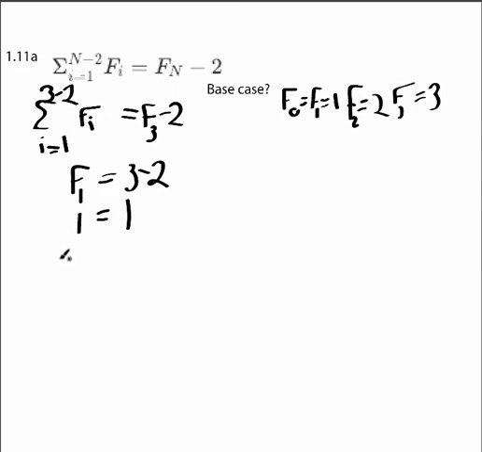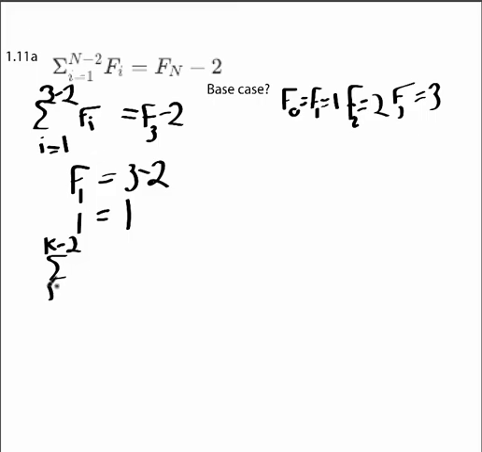So we're going to rewrite our relationship up here, but every place we see n, we're going to plug in k instead. So this is going to become the summation of k minus 2, sorry, it's k minus 2.